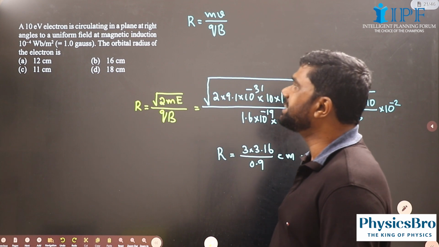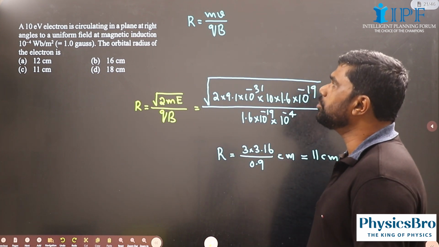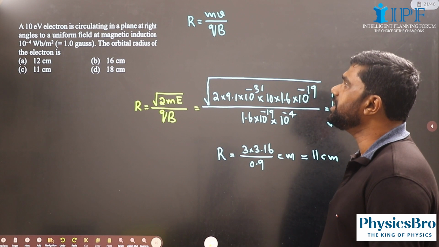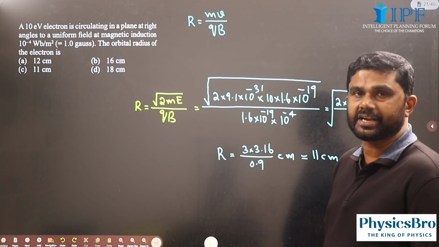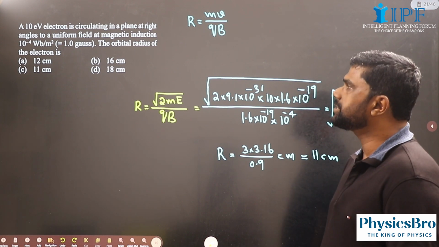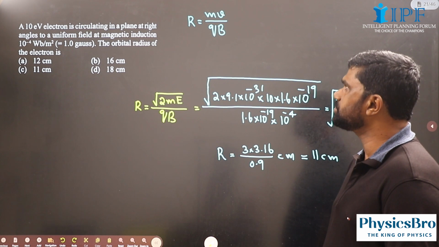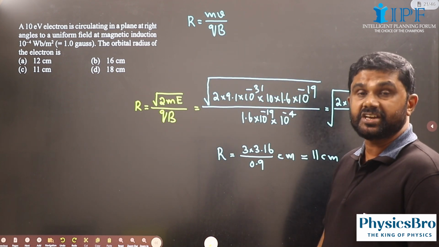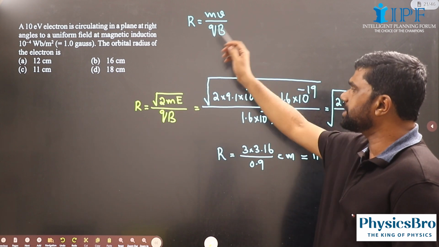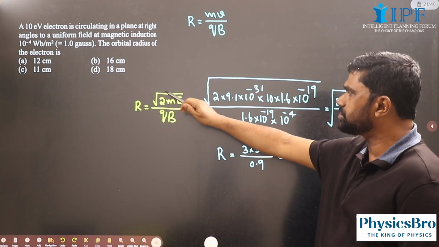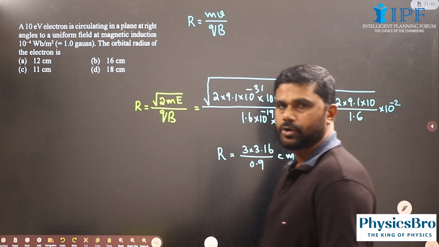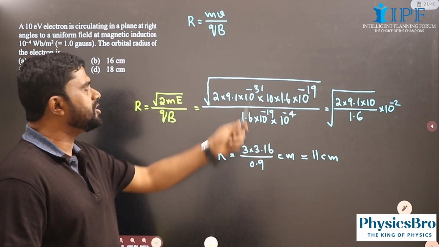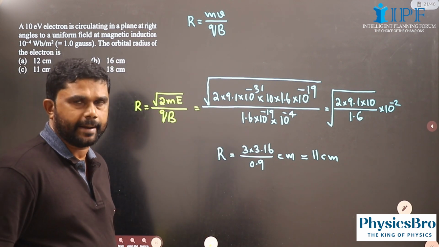Next, a 10 electron volt electron is circulating in a plane at right angles to a uniform field of magnetic induction 10 raised to minus 4 Weber per meter square. The orbital radius of the electron is, R equals mv by qB. mv is the linear momentum and it can be expressed in terms of kinetic energy as root of 2mE. m is the mass of the electron, it is 9.1 into 10 raised to minus 31 kilogram.